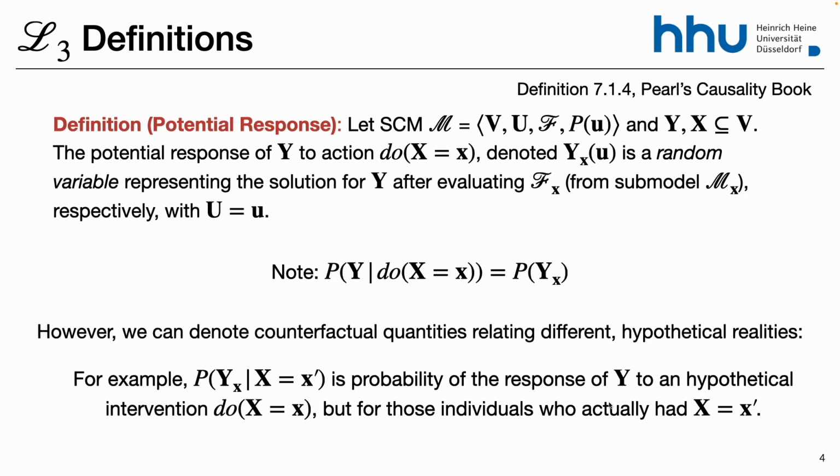I don't know if you see this as a difference, but as you treat this as a random variable, it's no longer like if you believe that there is just one world, where it's not possible to get X equals x prime and observe Y only where X was x.